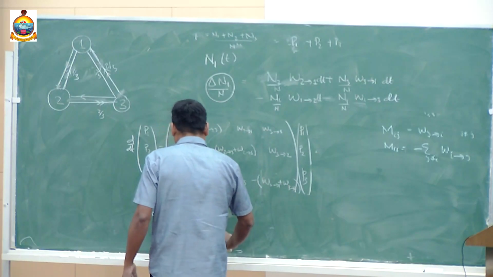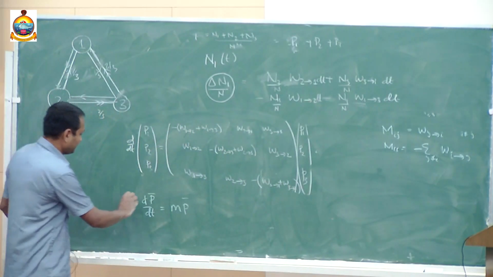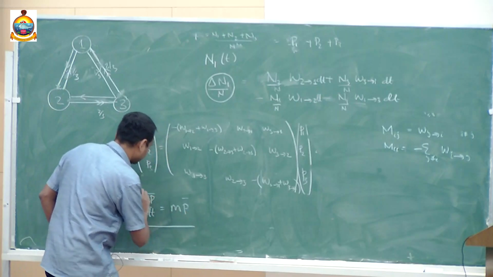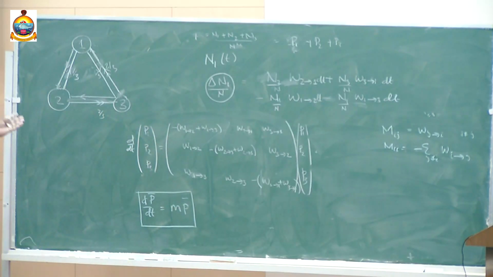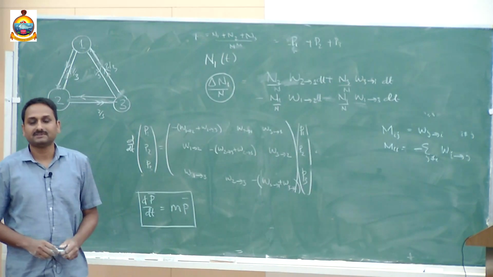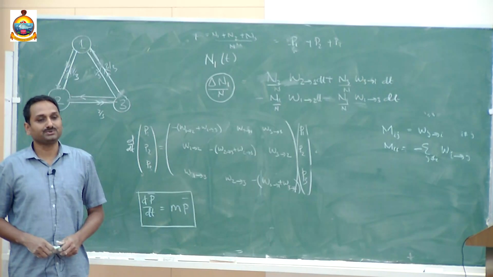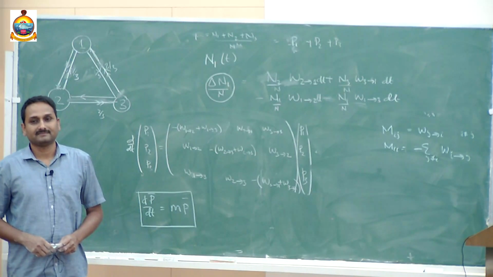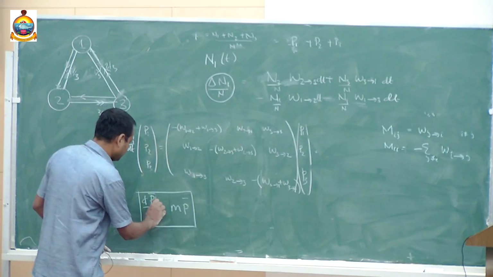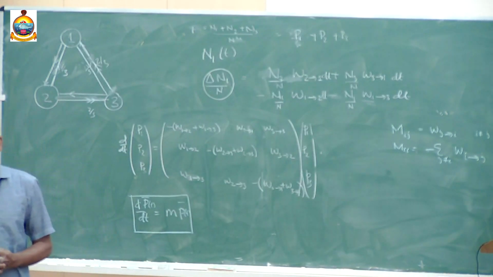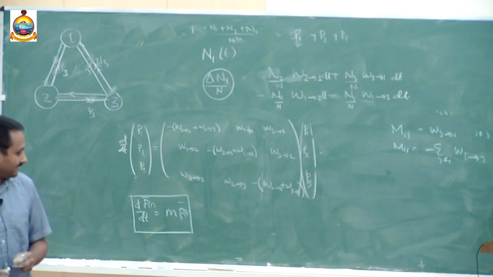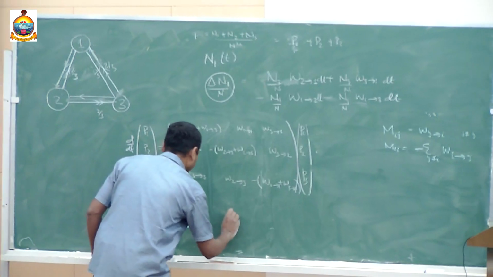So now, this equation that I am writing here, we will not solve this problem, but do you know how to solve it? P is a function of t, dp by dt equals M of p of t.